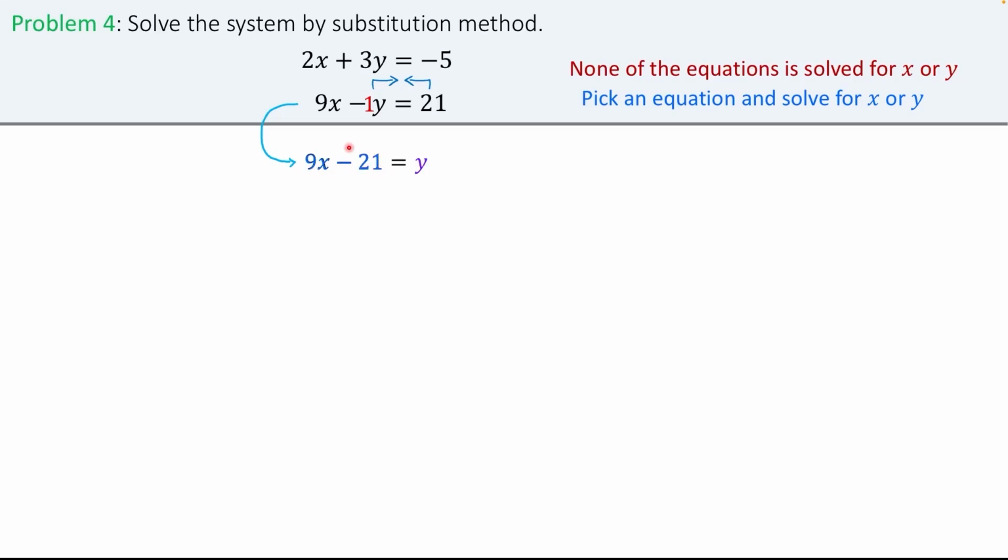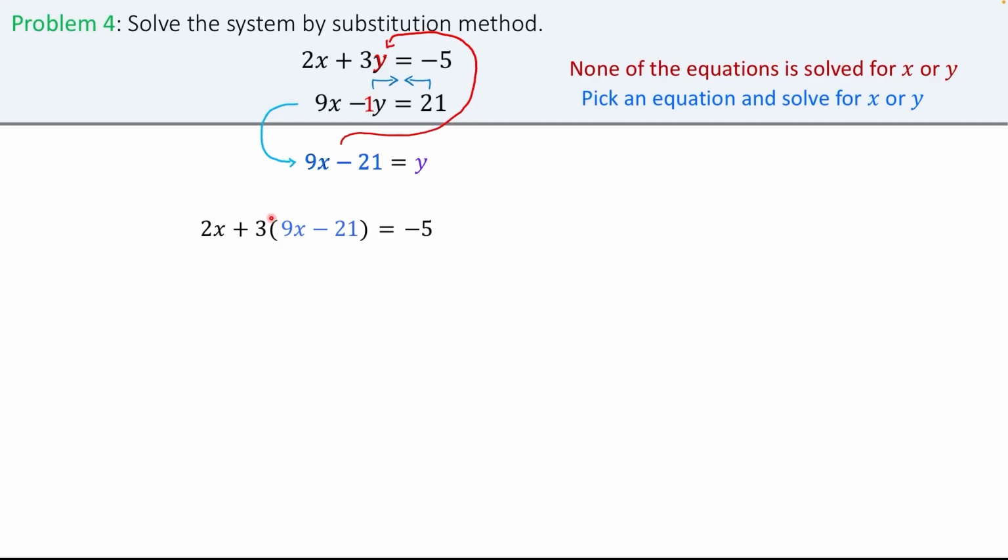Next, substitute this for the y in the first equation. You will get 2x plus 3 times (y, which is 9x minus 21) is equal to -5.